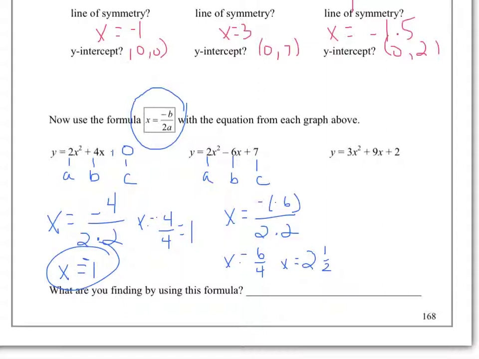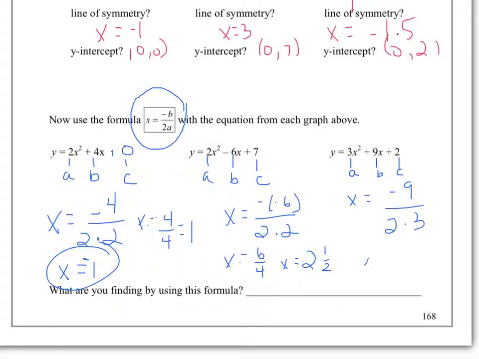Can you pause the video for a moment and try the last one on your own? So here, we have a, b, and c. x is equal to -b, so -9, over 2 times a.